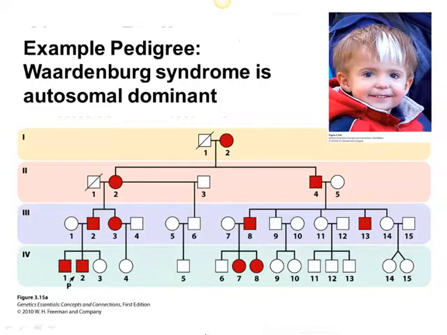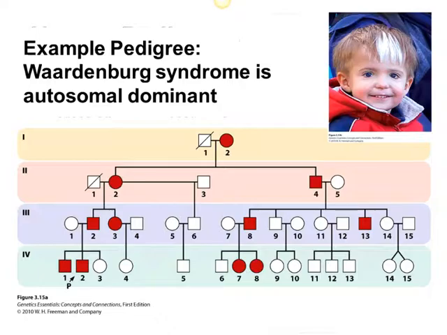Alright, so what I'm going to ask you to do with a pedigree is to make an educated guess about what's the mode of transmission of the allele causing a certain trait. And then after you've made that educated guess, then we'll start to figure out the most likely genotype of certain individuals in the family.